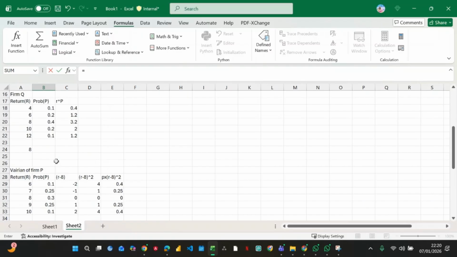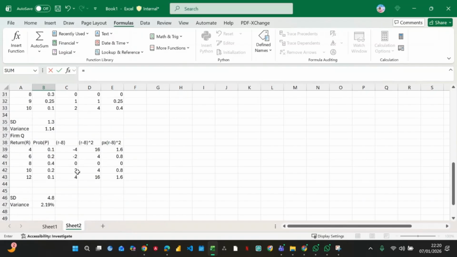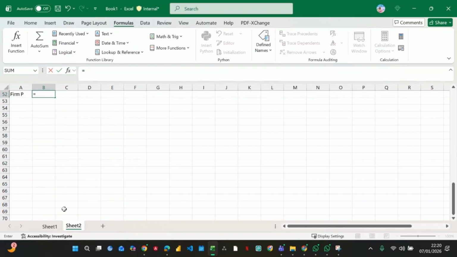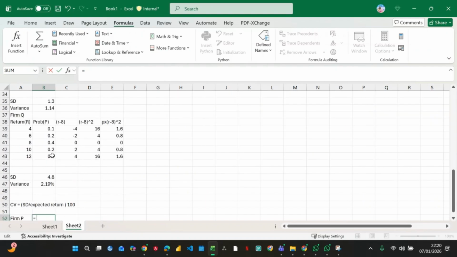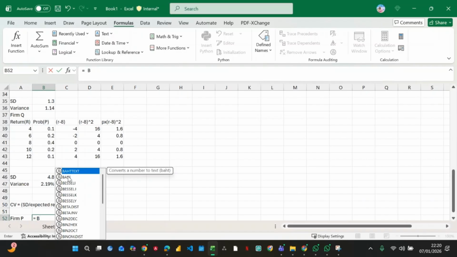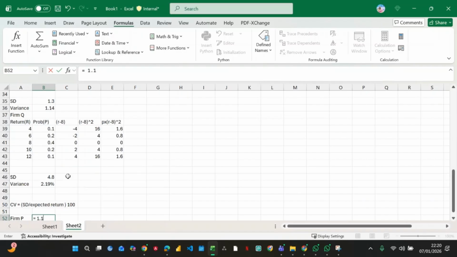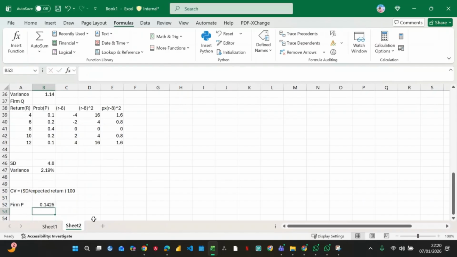We are looking at the variation, which is 1.14, divided by 8, the expected return we got for this one.